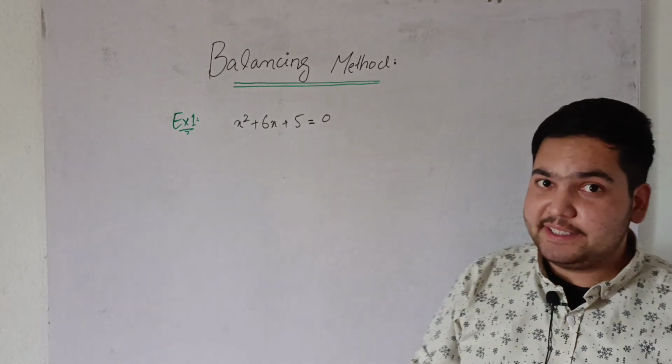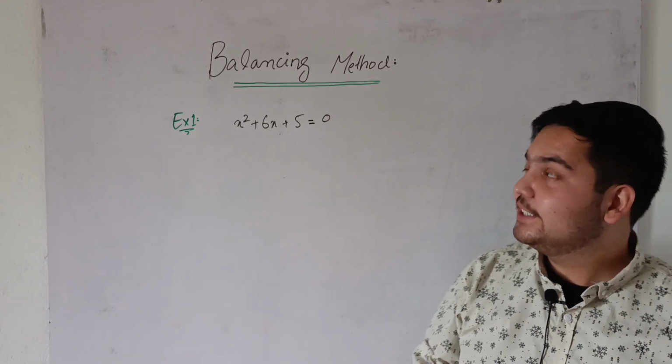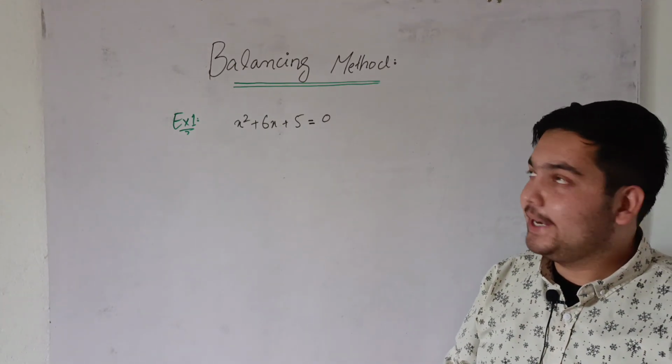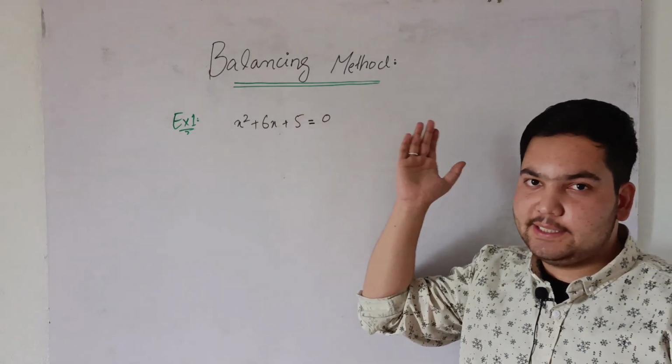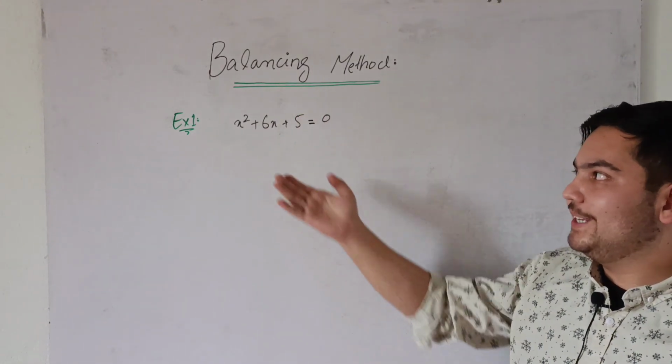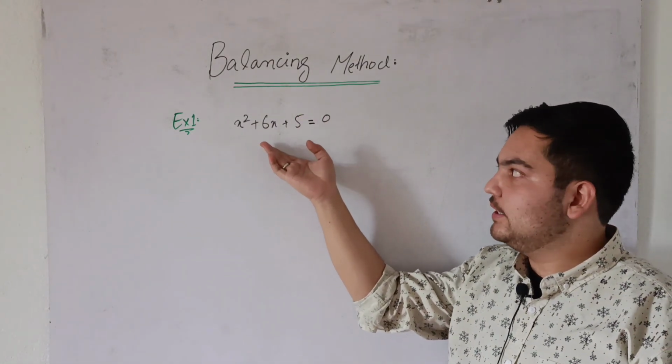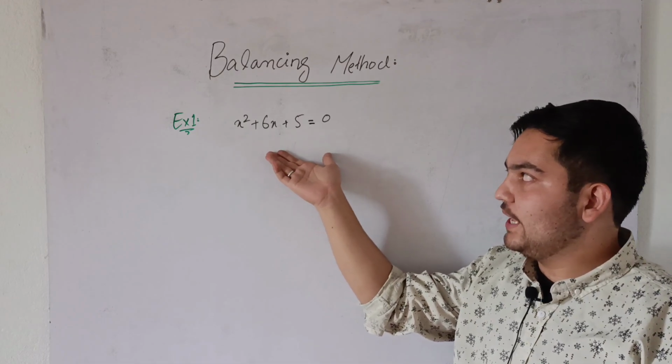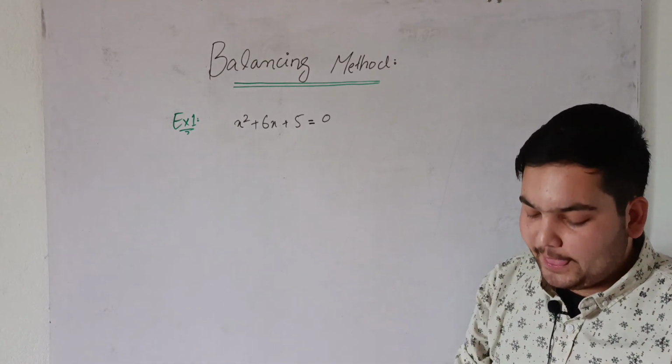In this first lecture, we will discuss the balancing method. We have an example, starting with x square plus 6x plus 5 is equal to 0.